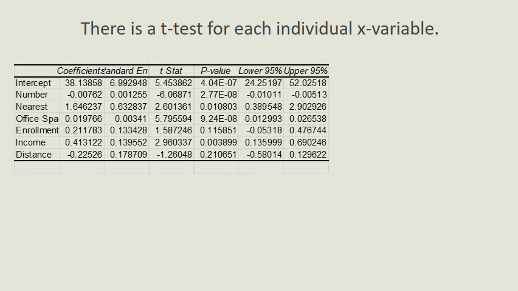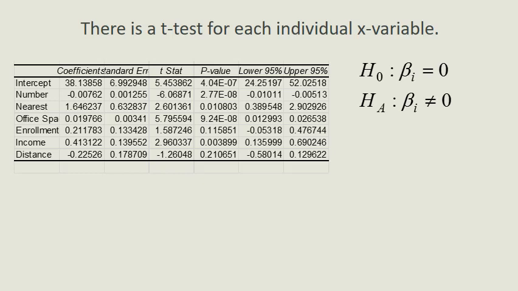Next, I want to look below the ANOVA table again at the slope coefficients. Each of them has a t-test that applies only to that variable. The hypothesis for each test is the same. We assume in the null hypothesis that the variable has a slope coefficient equal to 0, meaning that this variable is unrelated to y.